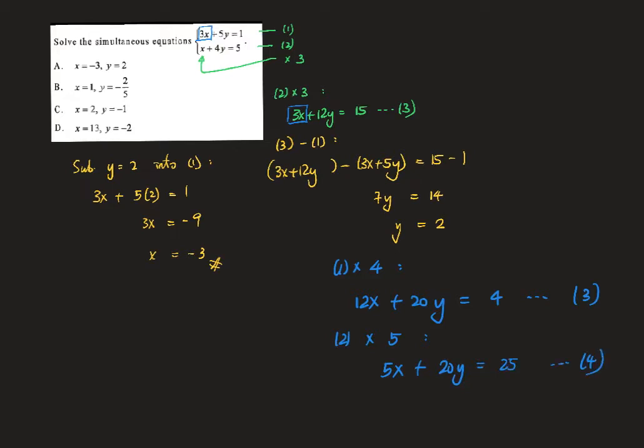Of course, we can still solve the simultaneous equations in this way. We can subtract 4 from 3 to get the answer, but actually, this way will enlarge all the coefficients of x and y, and I don't recommend you to do it in this way.